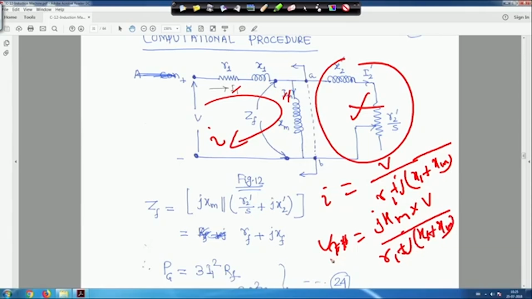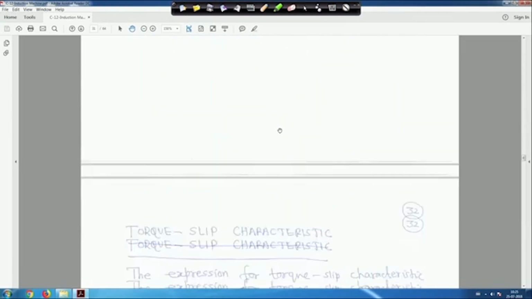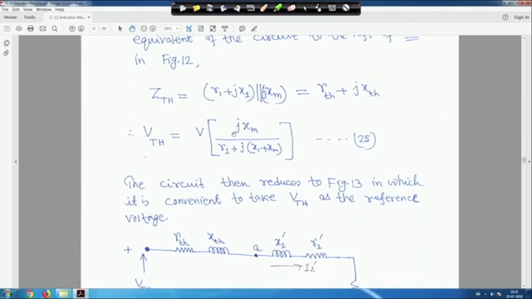That is my V Thevenin. The same thing I am writing here: V Thevenin is equal to V jXm upon R1 plus j(X1 plus Xm), the way I showed you. So this is equation 25.